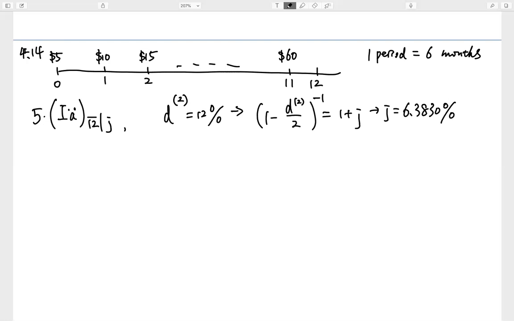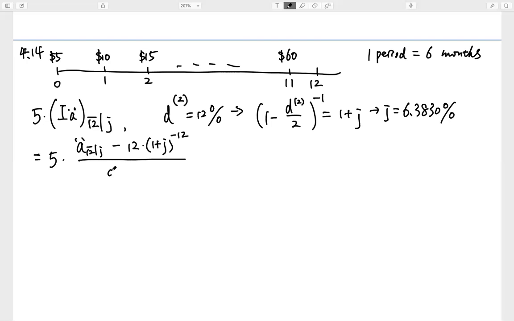Once I know that, I plug in the formula for increasing annuity due, minus 12 times the corresponding discounting using j. And obviously I need to divide by the discount factor.